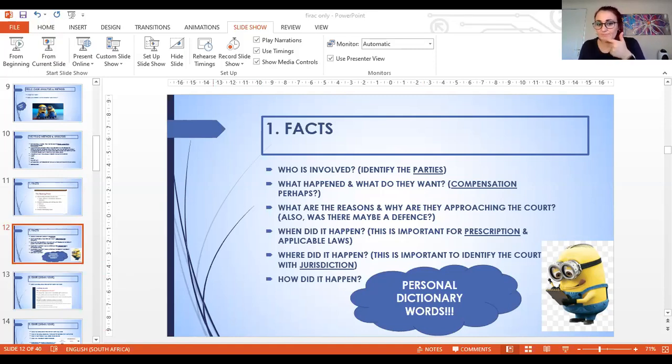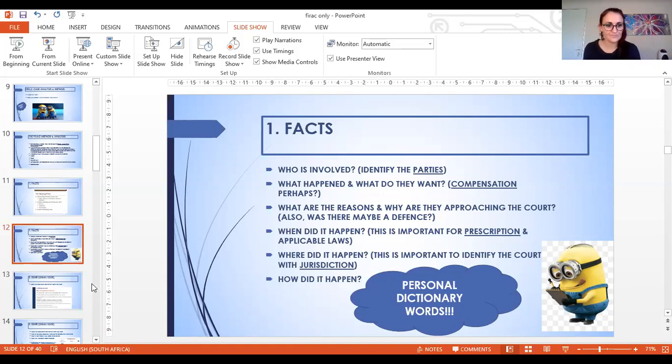The respondent is Mrs. Mbele. Okay. They've brought an appeal in the Supreme Court of Appeal in Bloemfontein, right, where they have asked whether a reach stacker is a motor vehicle. Okay. So that's our facts. We've identified our facts. That is what we put underneath the facts heading. Okay. That is the gist, that is the basic summary of what this whole 14, 15-page thing is about.